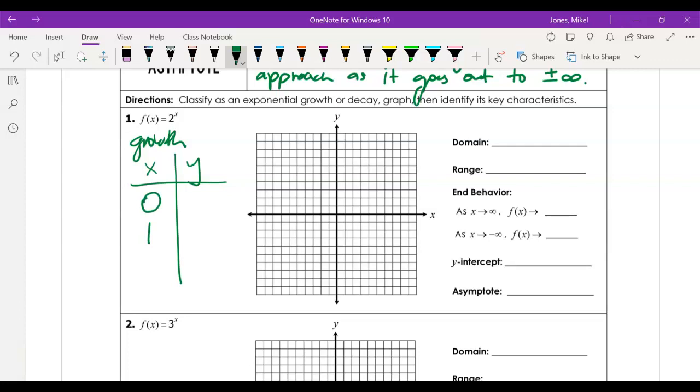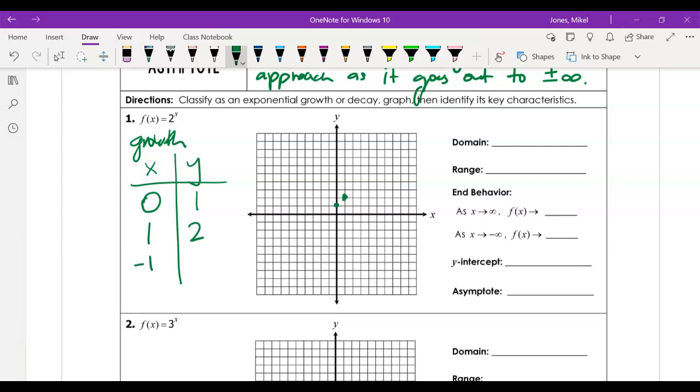So if we plug in 0 for x, what is 2 to the 0? 1. Now if I plug in a 1 for x, what's 2 to the 1? 2. I could keep going, but I don't really need to. I know this graph is going to grow. What would happen if I plugged in a negative 1?